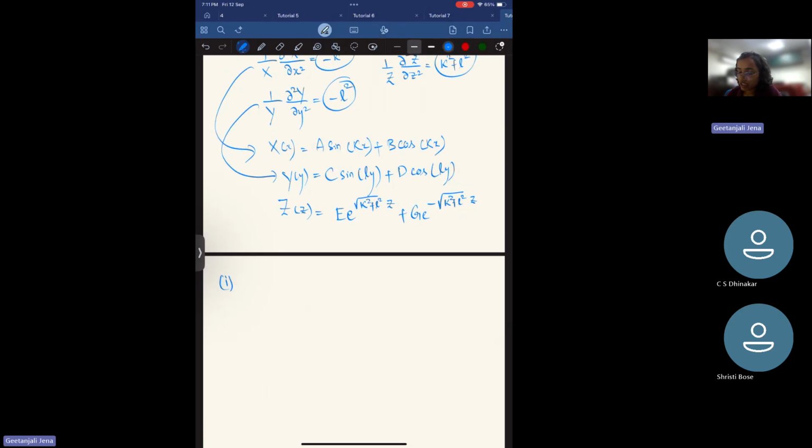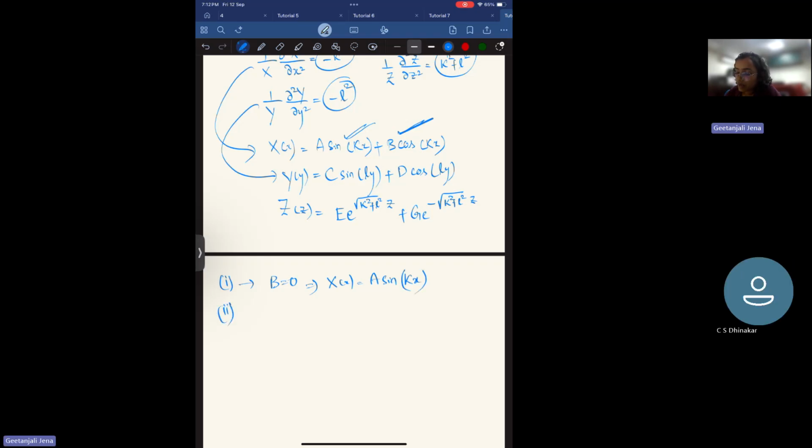For the first boundary condition, V is 0 when x equal to 0. If you put x equal to 0 here, the sine part is already 0, and this will give B. So that means B should be 0. So we have X(x) as A sine kx only, there is no B term.